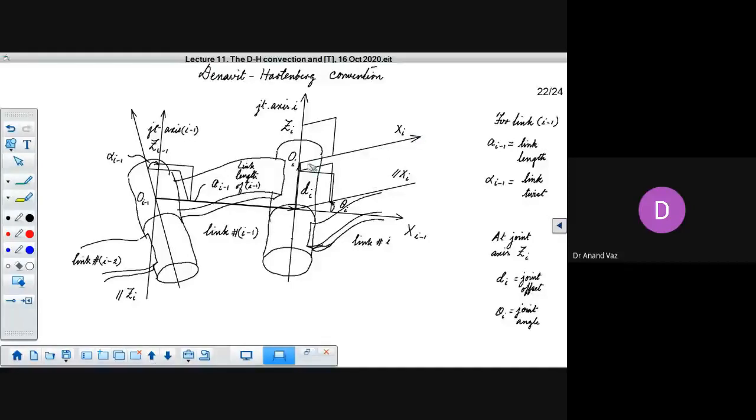That is because I wanted to show that it's not necessary that the common perpendicular should be physically present on the link i plus 1. It could be on an extension of that. So we have these two distinct frames, frame i minus 1 and frame i.